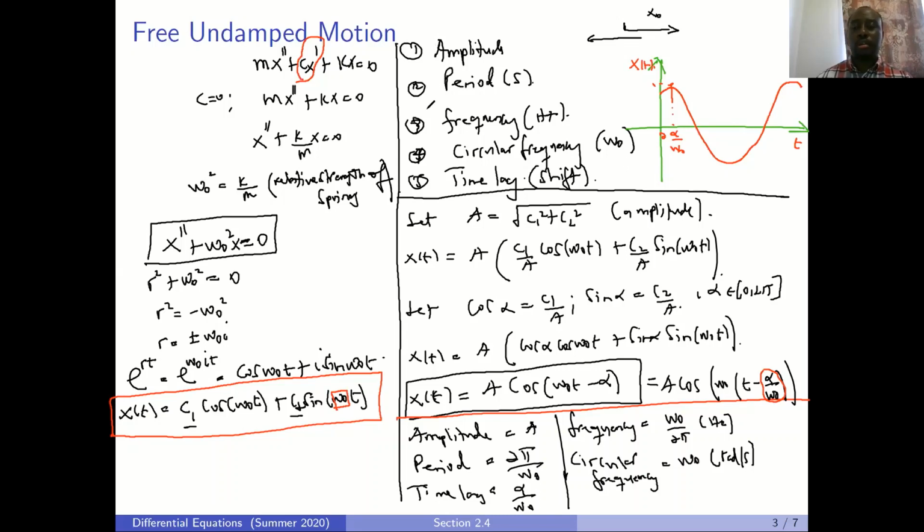Okay, so let's look at the damped scenario. So once again, my differential equation is mx prime prime plus cx prime plus kx is equal to 0. Now, if I assume that my c is no longer 0, then I can express this in standard form, dividing through by m. I have x prime prime plus c over m x prime plus k over m x is equal to 0.